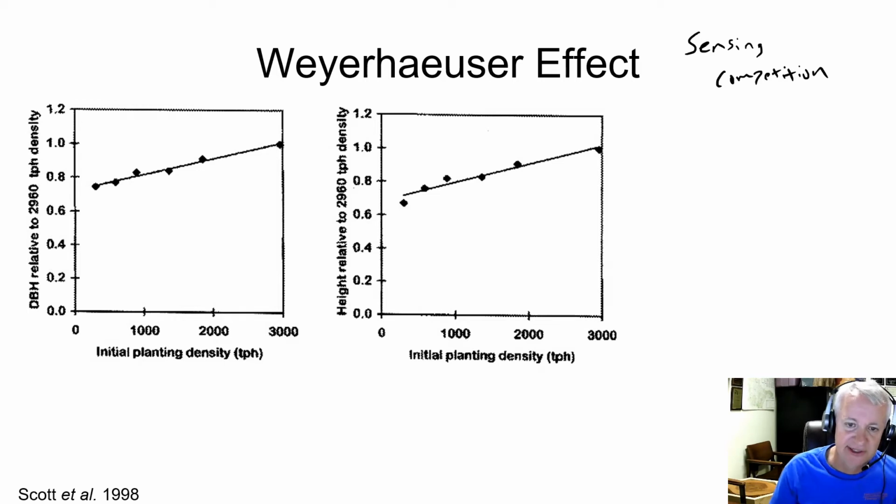This is a counterintuitive result because, like I mentioned before, when we plant at lower planting densities, wider apart, we tend to expect bigger average tree size. So this was puzzling. And this was in a Weyerhaeuser trial using Douglas fir.